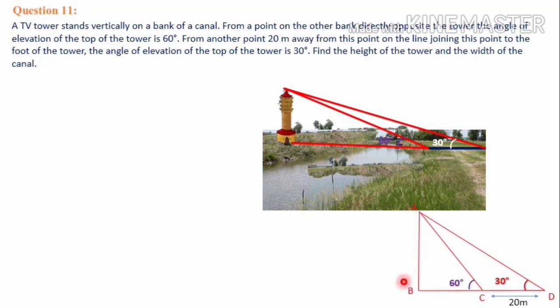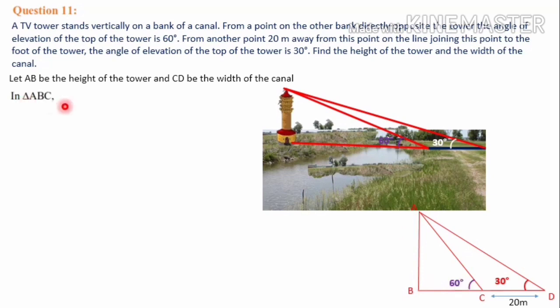So AB is the tower and BC is the canal, and CD is the distance in which the person has moved, and the angles of elevation are marked 60 degree and 30 degree. Let AB be the height of the tower and BC be the width of the canal.